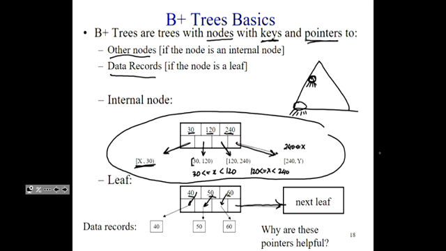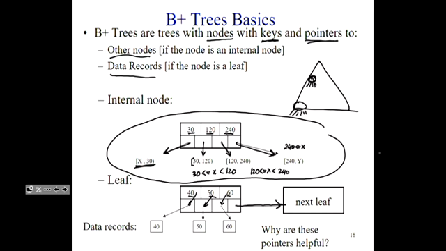The reason why we have this pointer to the next leaf is, let's say I want to find all of the records of students between ages 18 to 22. If age is the search key, in that case, I may end up at the last pointer in my leaf.